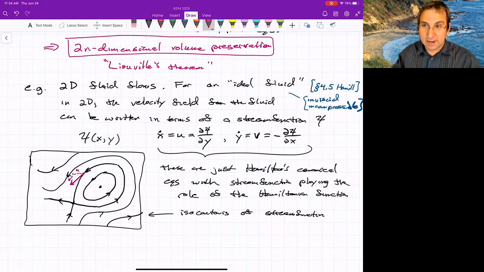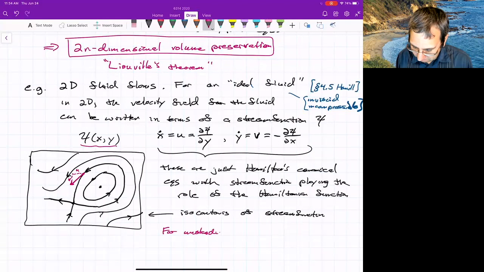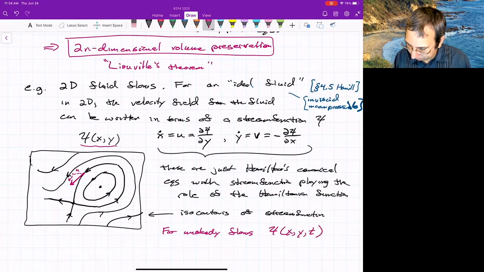Of course, when you have a time-varying system, this isn't just a function of x and y. So for unsteady flows, psi is a function of x, y, and time, which just means you have a kind of moving stream function, moving isocontours. So yeah, it could depend on time.